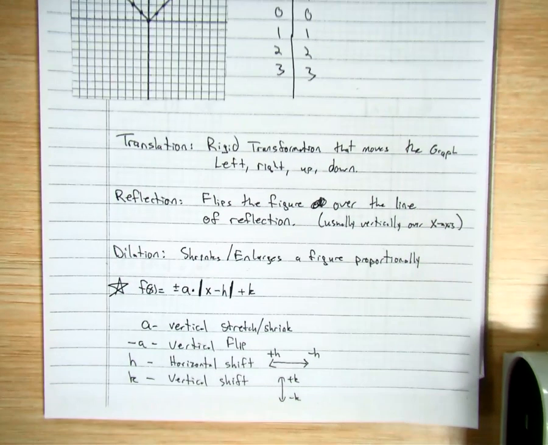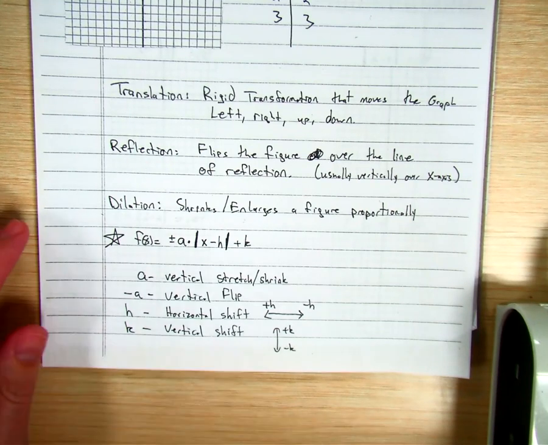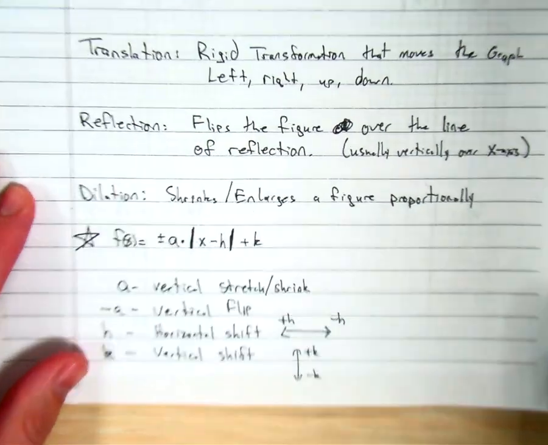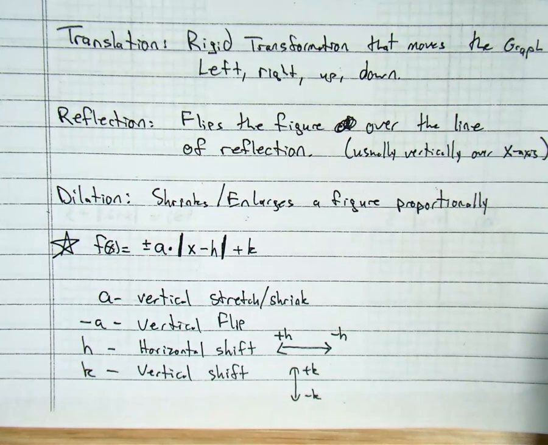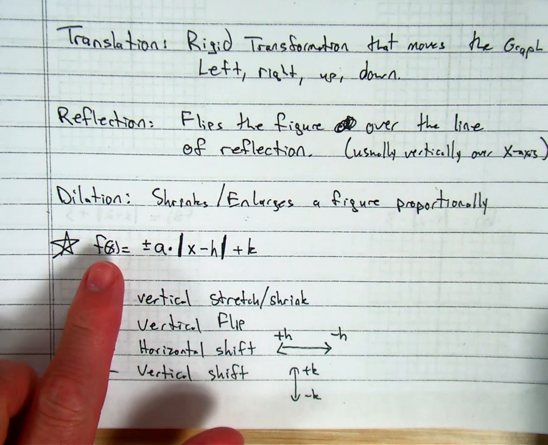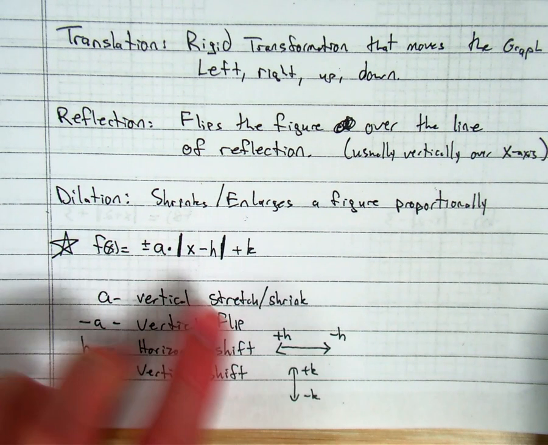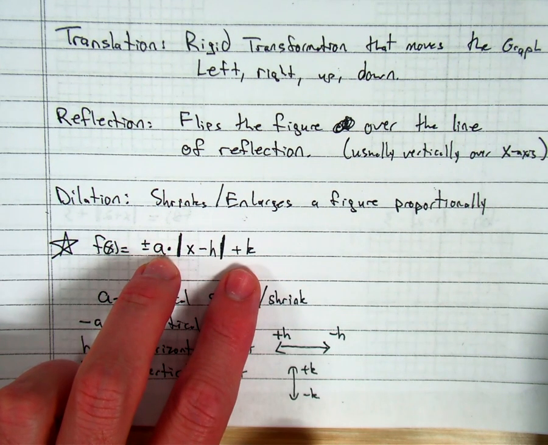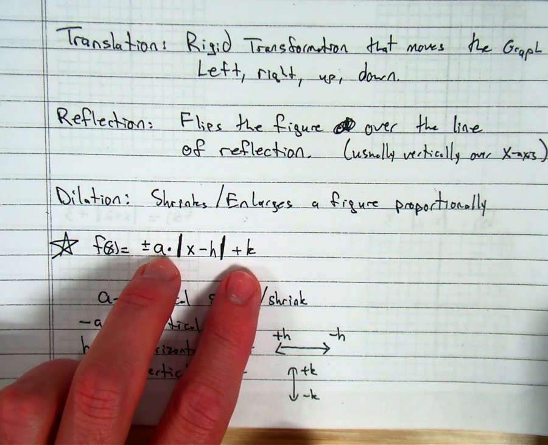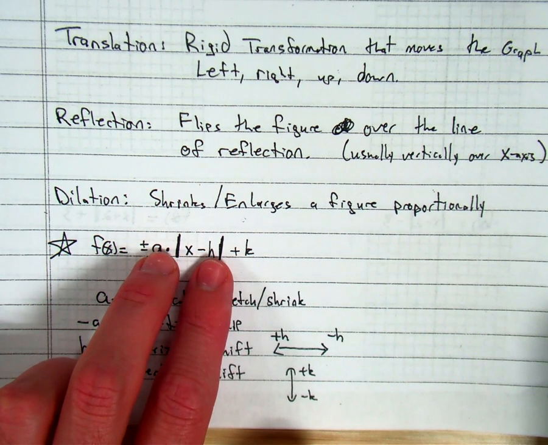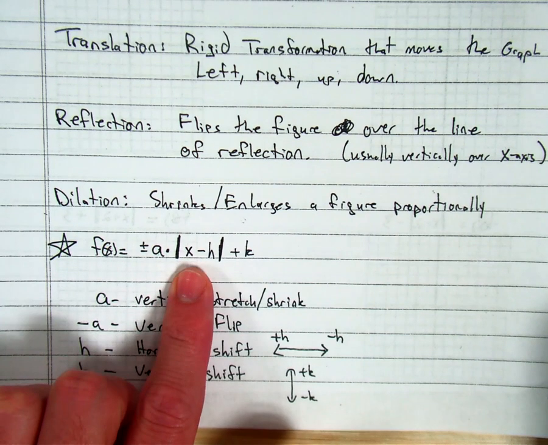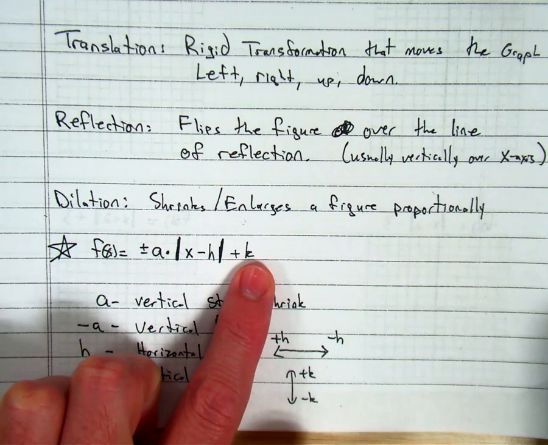And this is the big money one, because we use this same format for nearly every function we use the rest of the year. Okay, we got plus minus a times, okay, in other functions it would be parentheses. The absolute value function kind of comes with its own parentheses, the absolute value bars. Okay, x minus h on the inside there, and then plus k.